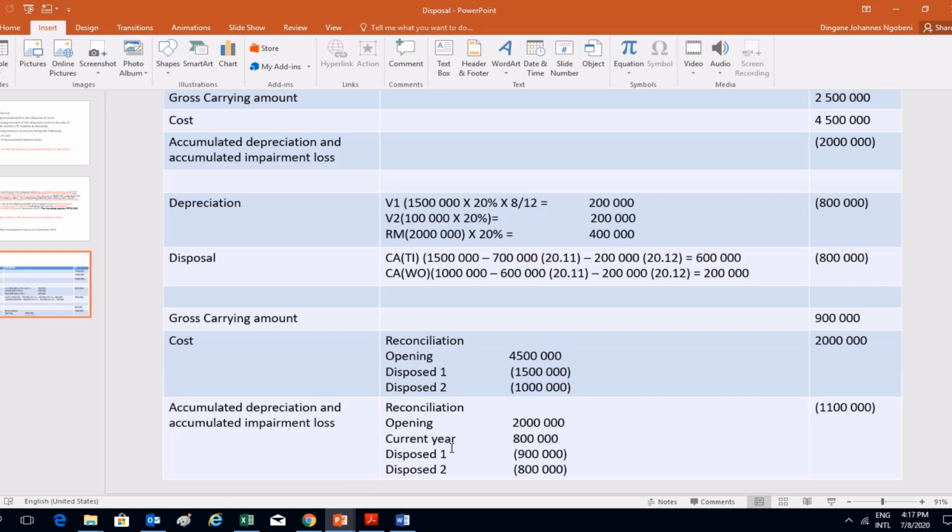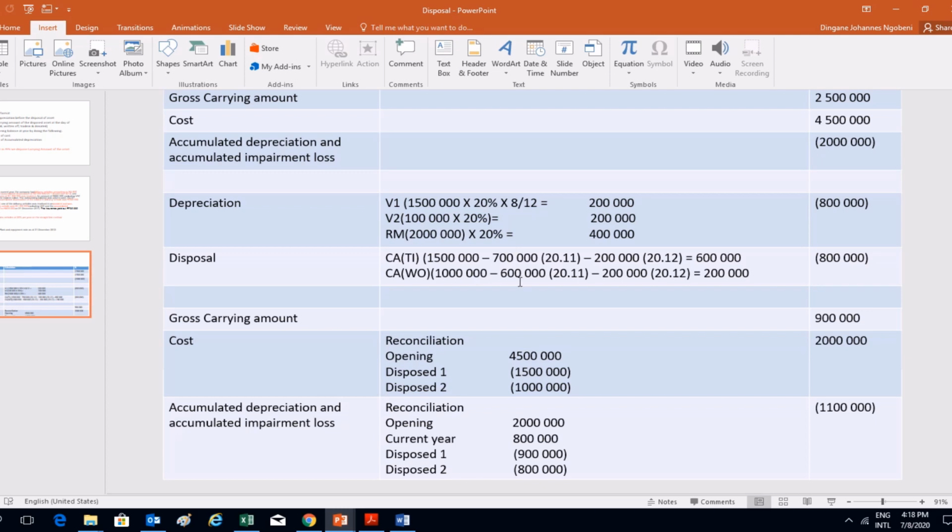Then I must reconcile what? Accumulated depreciation. How do I reconcile accumulated depreciation? I said to myself, I opened with how much? 2.8 million. Here it is. And also the current year depreciation is how much? 800,000. But how much is the accumulated depreciation of the disposed asset 1? It's 700 plus 200. Then it gives me how much? 900. Then how much is the accumulated depreciation of disposed vehicle 2?